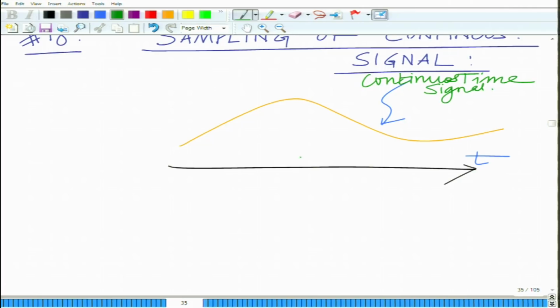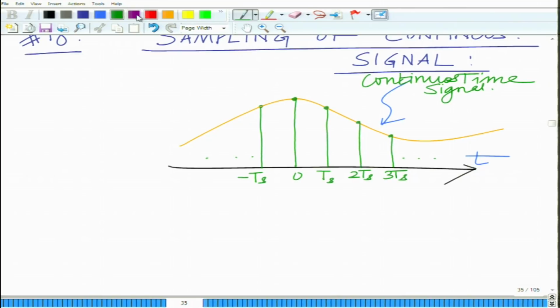So, we place different time instants at which we extract the values of the signal. Let us say this is 0, this is Ts, this is 2 Ts, 3 Ts, minus Ts, and so on.